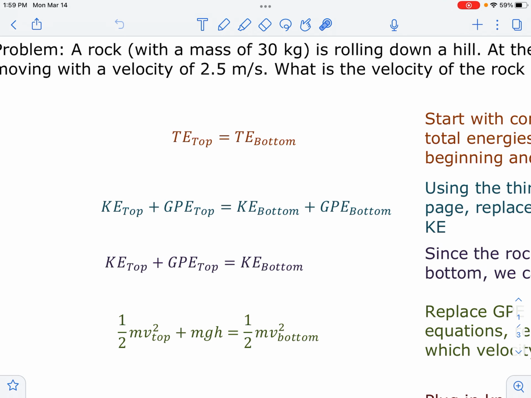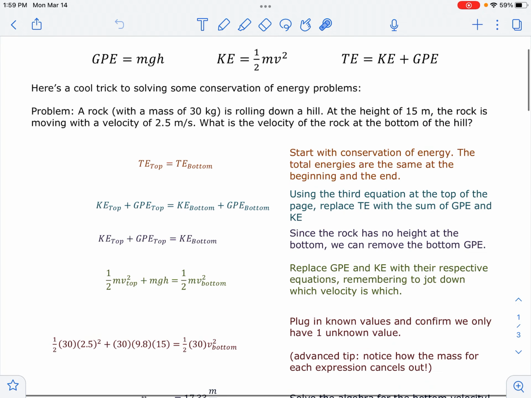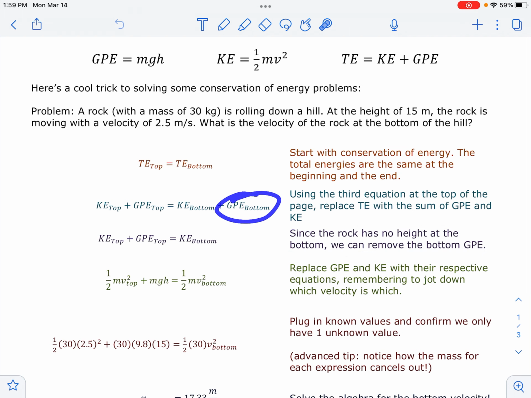And then what we do is we think a little bit about what is happening. And so we know that the rock has no height at the bottom of the hill. So rather than writing this here, we can just say it's 0 because there is no potential energy at the bottom of the hill. So by thinking it through, we're eliminating part of the equation already.